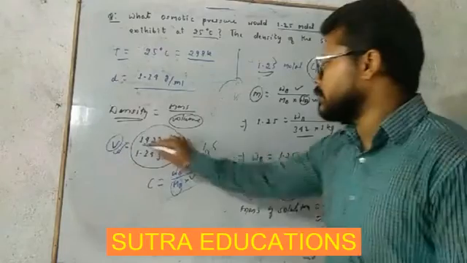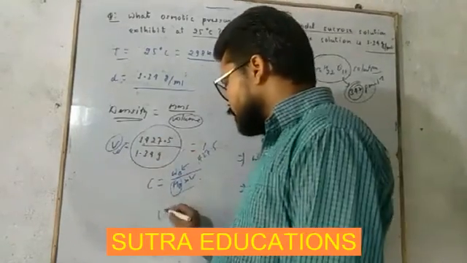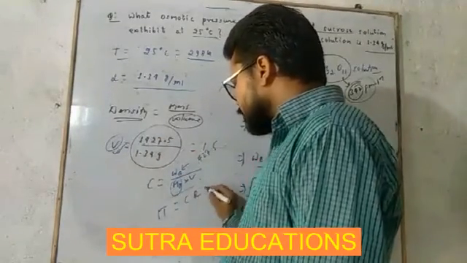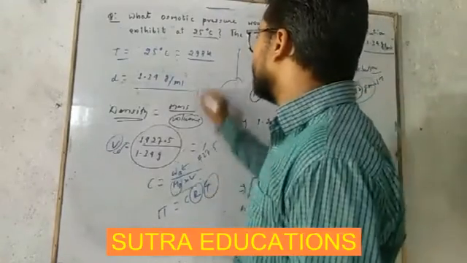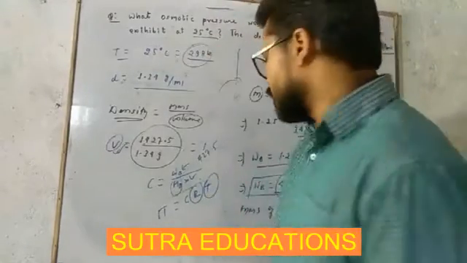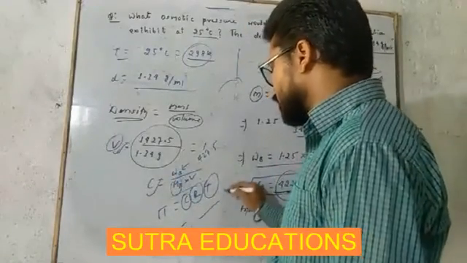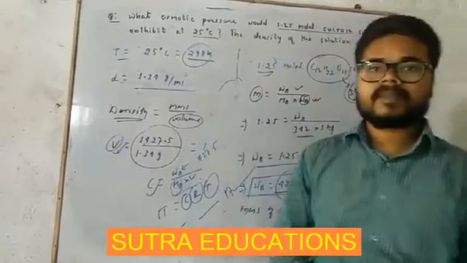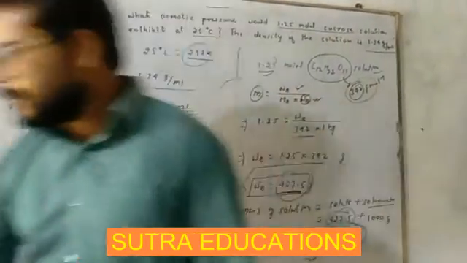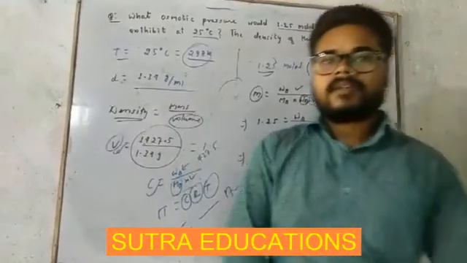From this we will get C. Once we get C, we know pi is equal to CRT. R you know is 0.0821, T is given as 298 Kelvin, and C you have calculated. Just put these values here and you will get your answer. So in this way we have finished this chapter. Okay, thank you.